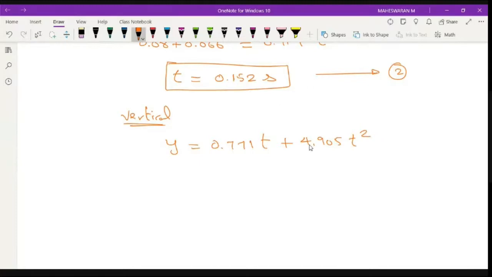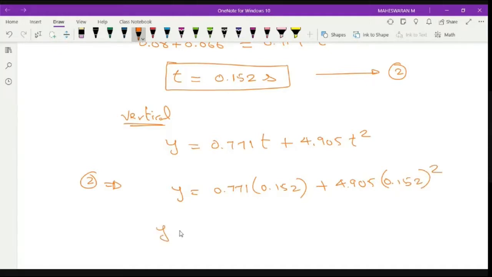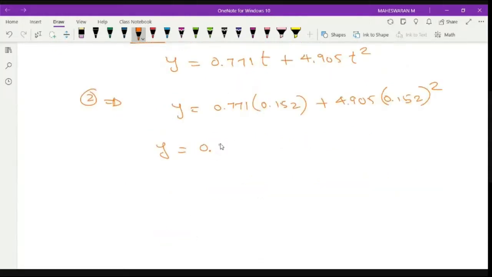I will substitute the value of t as this one, that's the only difference. So y will be 0.771 into 0.152 plus 4.905 into 0.152 the whole square. What is the value of y? 0.253.